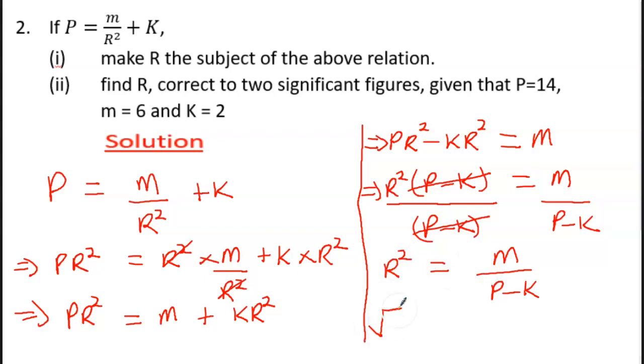So we are getting R equal to plus or minus square root of M over P minus K.